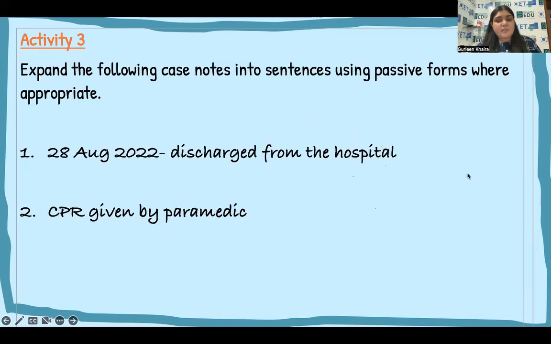Kulvinder, type the answer as well, please. Type the answer, Krishna.